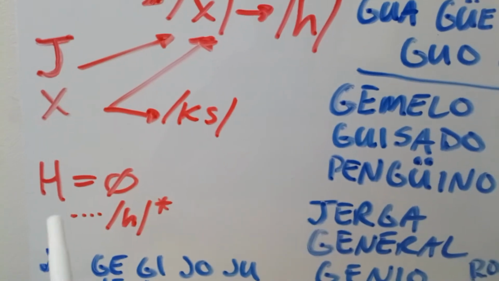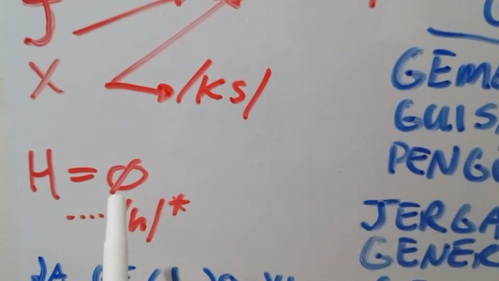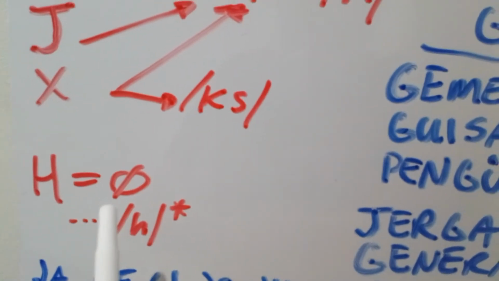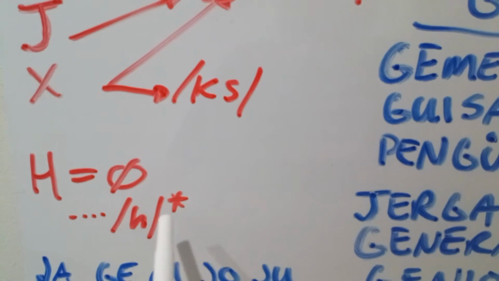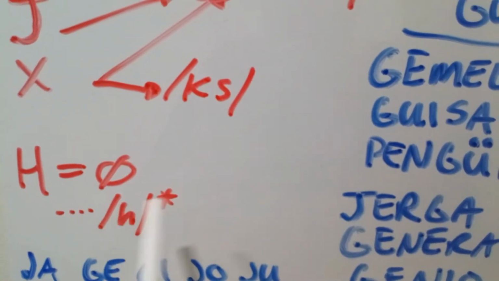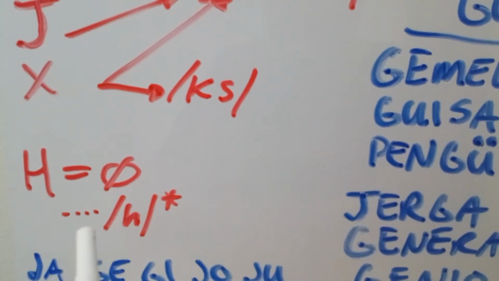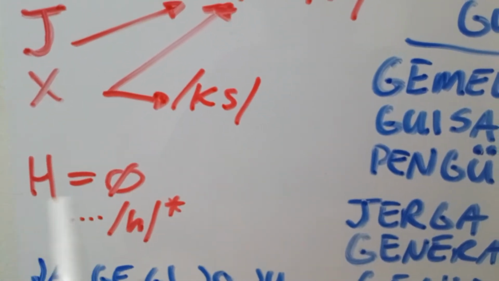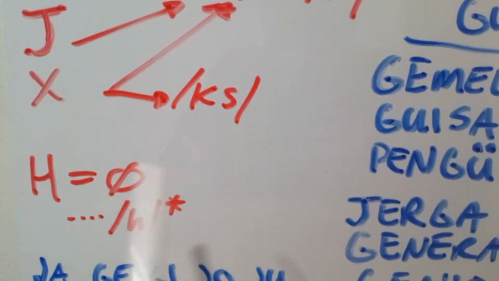And finally, we have the H, which never makes any sound. In Philippine Spanish, it never makes any sound. But again, there's a tendency for second language learners who are Filipinos to put an h sound with it, which is not right. Because in Philippine Spanish, and even in standard Spanish, this H never makes any sound.